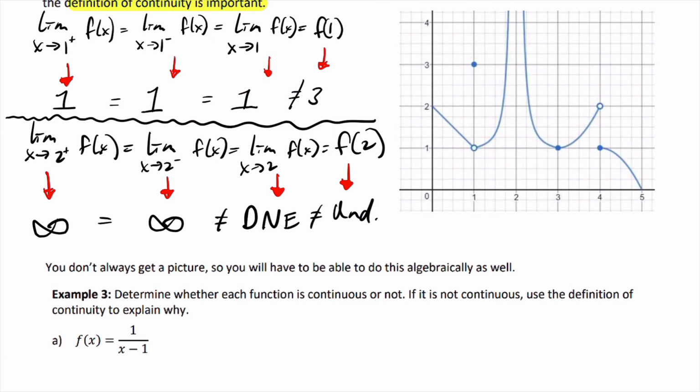Okay? And then you would say from the right, it's 1. From the left, it's 2. The limit overall at 4 doesn't exist. What's f of 4? Just f of 4. 1, yeah. That one doesn't equal either.